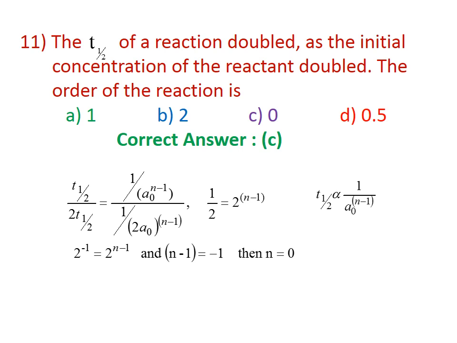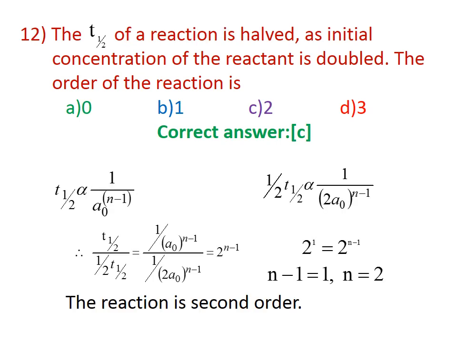The constant terms and T half are cancelled, and the equation becomes 1 by 2 is equal to 2 power n minus 1, or we can write 2 power minus 1 equal to 2 power n minus 1. Therefore, n minus 1 equals minus 1, that is n equals 0. The correct answer is C.